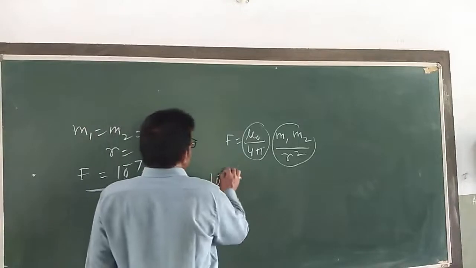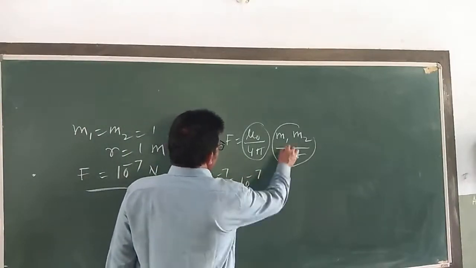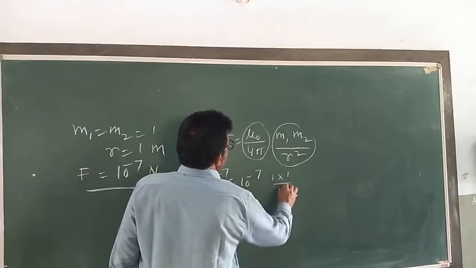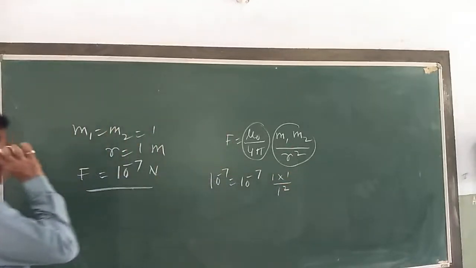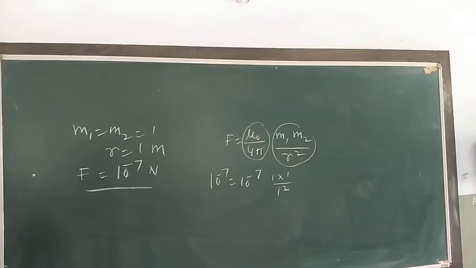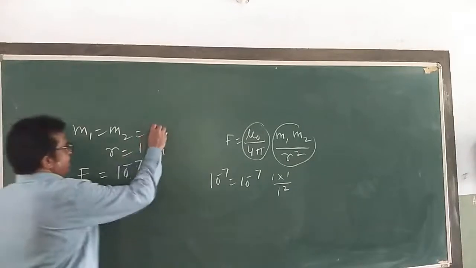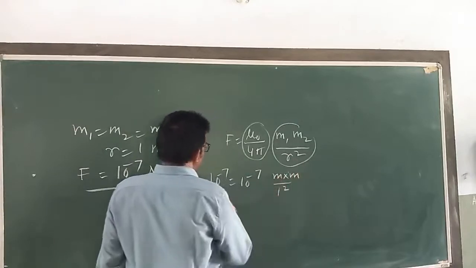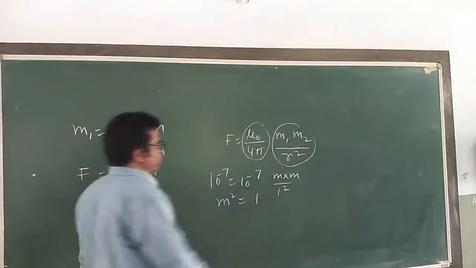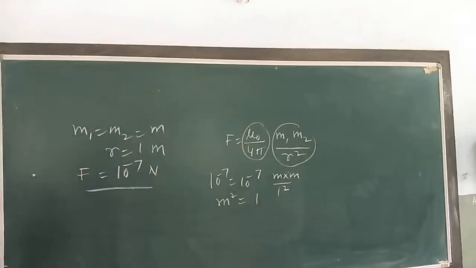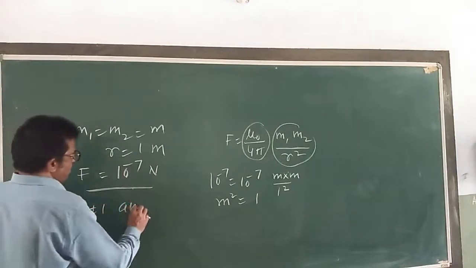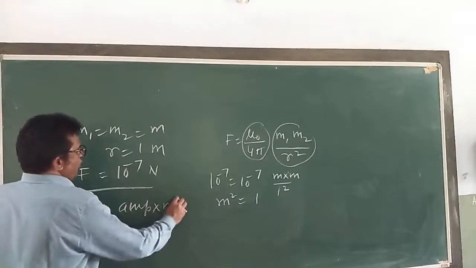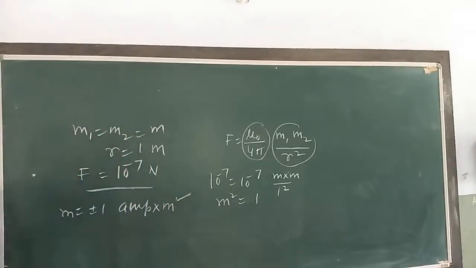10 raised to the power minus 7 equals 10 raised to the power minus 7 into 1 into 1 divided by 1 square. So what are we saying? The values of M1 and M2 are M into M, so M square is equal to 1, or M is equal to plus minus 1, that is ampere into meter. Now I want to explain pole strength.